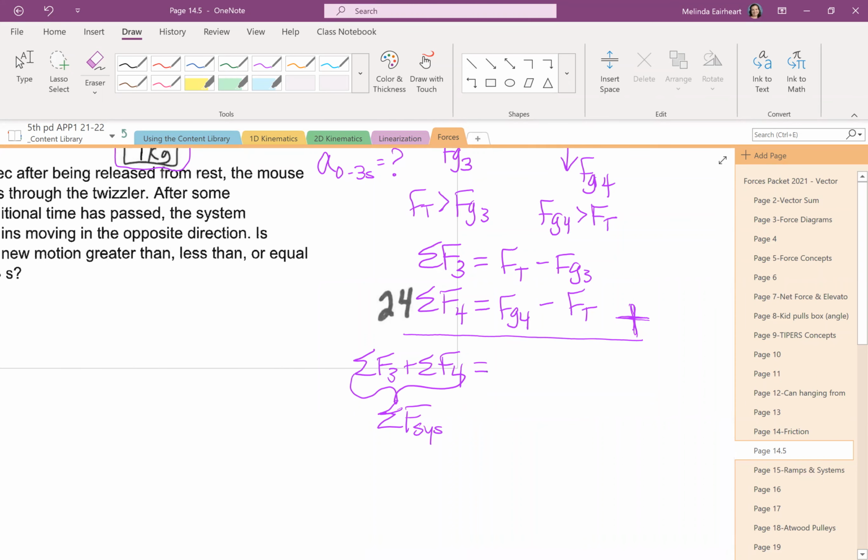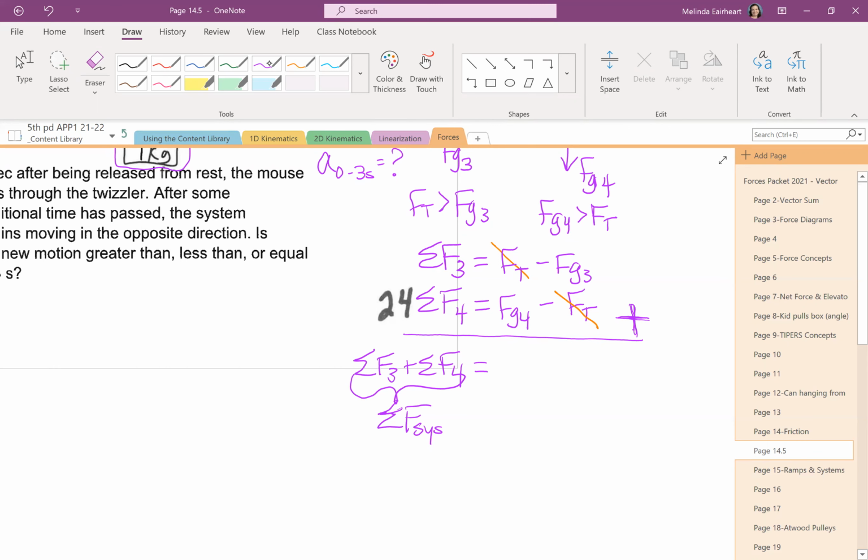What happens to those internal to the system forces? Positive value, negative value. It cancels out. It doesn't zero out. Tension is not zero. Otherwise, the string would be cut and no one would be moving, at least not as a system. They'd both be in free fall.